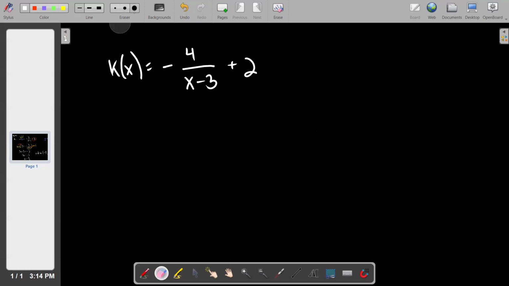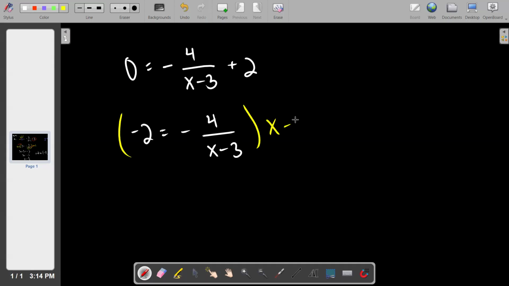If we're finding an x-intercept, our job is to wipe out the y equals side and call it what we want it to be, 0. And then let the algebra instincts kick in. What do we do next? We subtract 2, giving us negative 2 equals the negative of 4 over x minus 3. Next, kill the fraction, which means we multiply both sides by x minus 3.